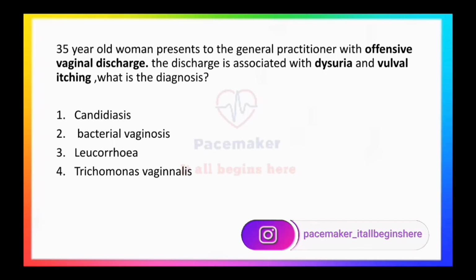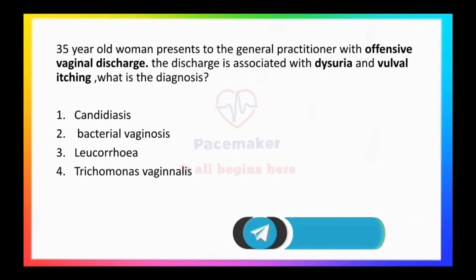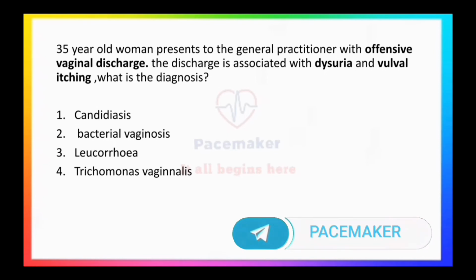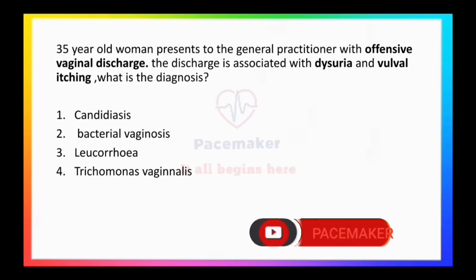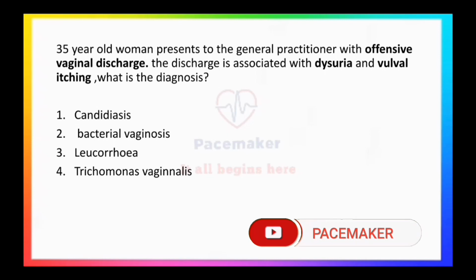You don't see itching in bacterial vaginosis and leukorrhea. Leukorrhea is a physiological condition, so it is ruled out, and in bacterial vaginosis you won't see pruritus or itching, that's why it is ruled out. So we are left with options 1 and 4, and dysuria is prominent in trichomonas vaginalis, so we are going with trichomonas vaginalis, option 4. That is the answer here.